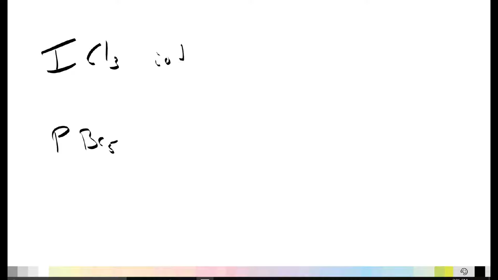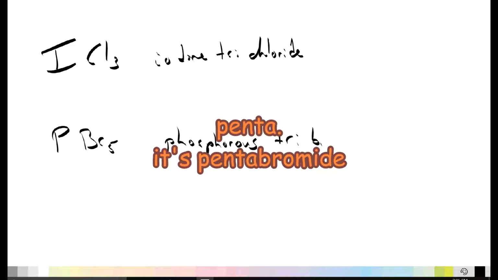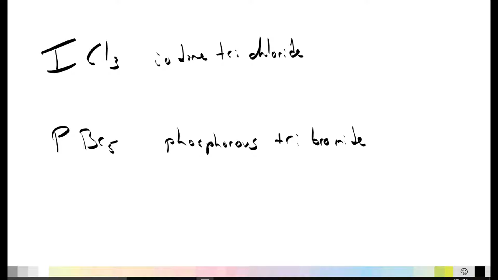Here we have iodine trichloride, and this is phosphorus tribromide.